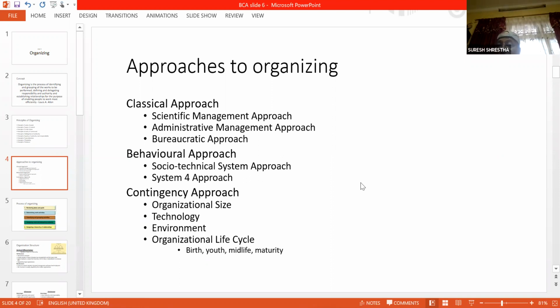So it depends upon the technology that you have in your organization. Similarly, the environment, on the basis of which you might need to do the organizing.